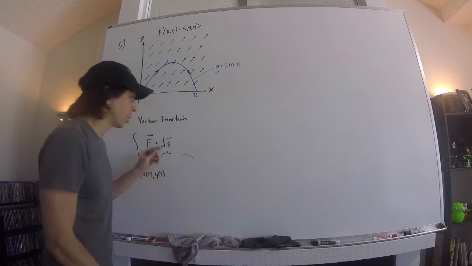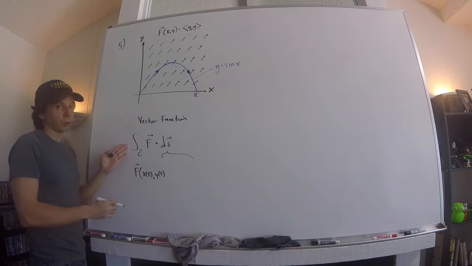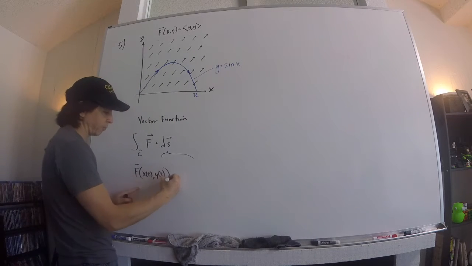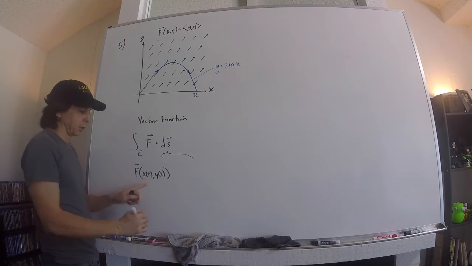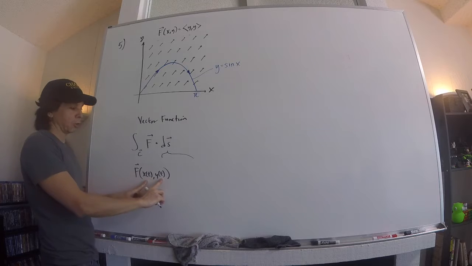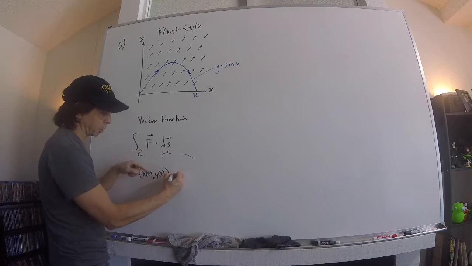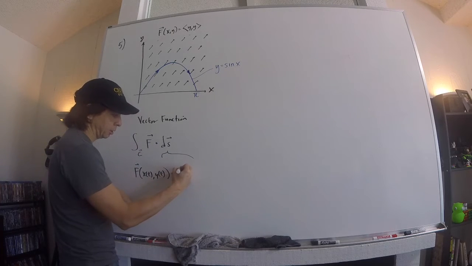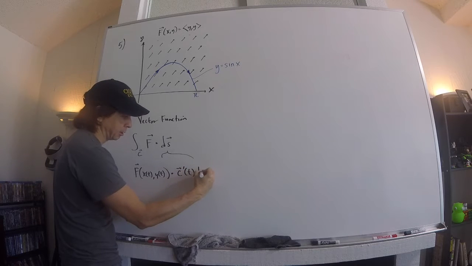So we're going to parameterize the curve and rewrite this integral in terms of a single parameter, t. It'll be an integral in one variable, t. So we're replacing x and y with their parameterization, which I have not done yet, dot product with c prime of t, dt. That's what that is.